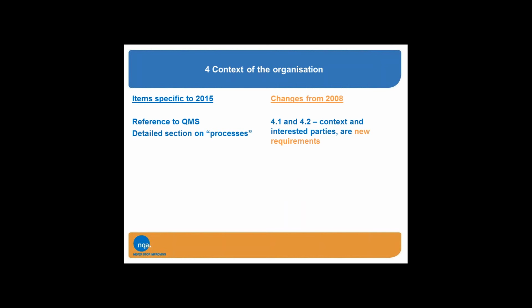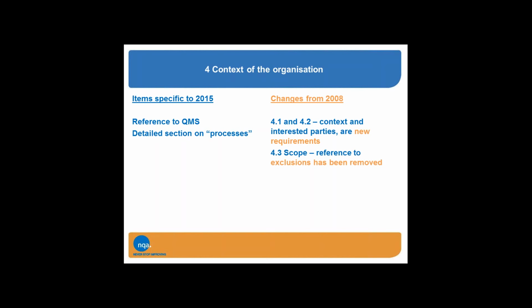On the right-hand side, we're looking at what's changed overall between the 2008 standard and the 2015 standard. Well, we have the Annex SL requirements in 4.1 and 4.2, context and interested parties. These are new requirements. These terms did not appear in the 2008 standard.